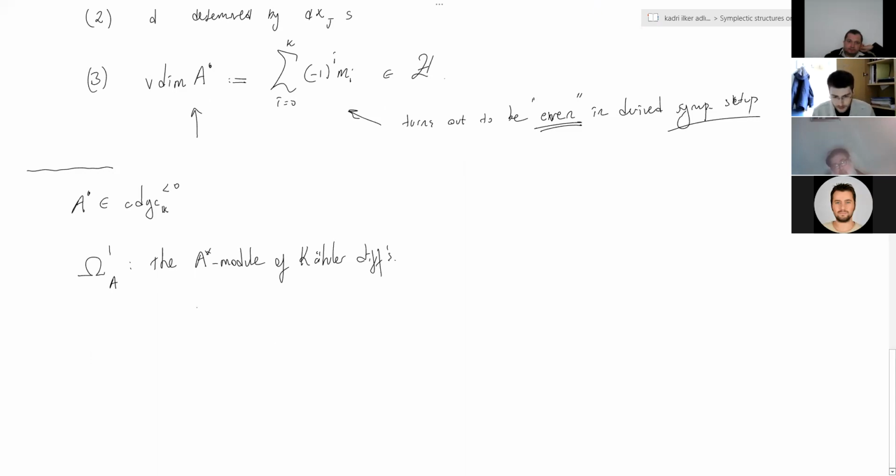Therefore, we can define something called the derived algebra, which is denoted like this.